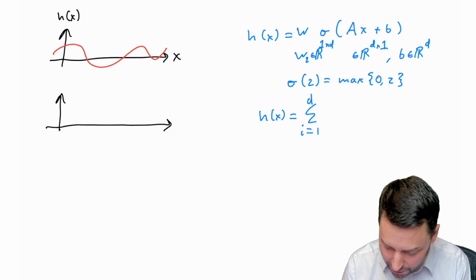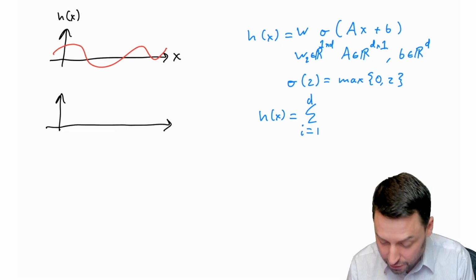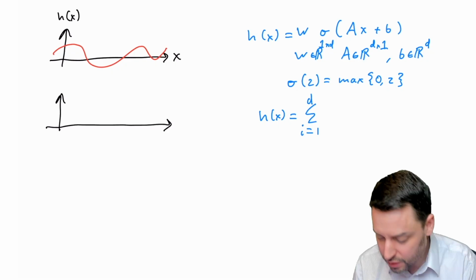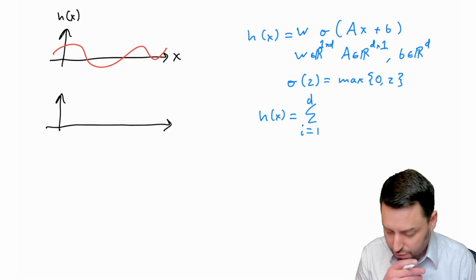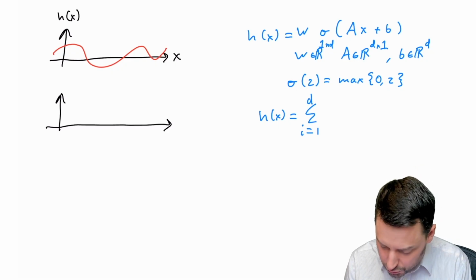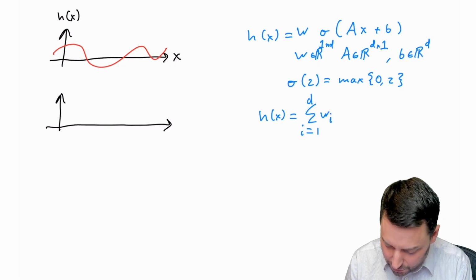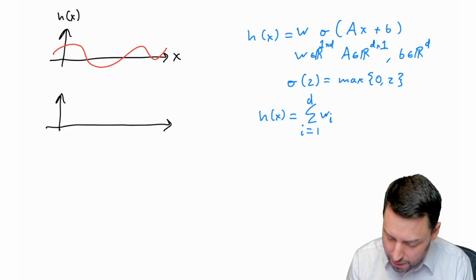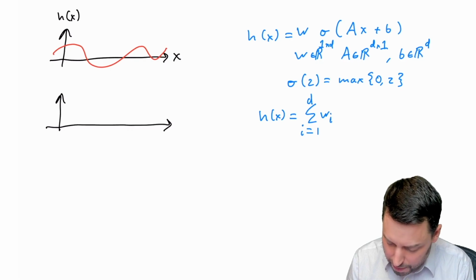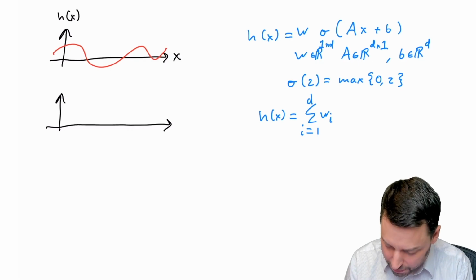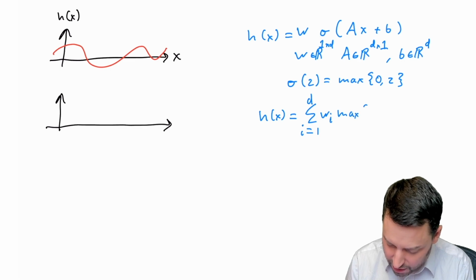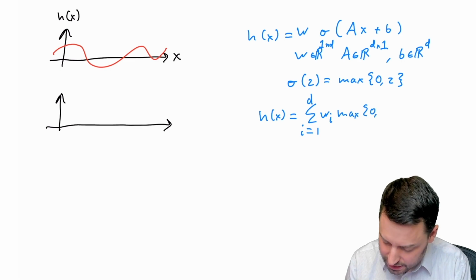So of course here now a is going to be effectively a column vector, and w is going to be a row vector. So this will be equal to w_i, where here i is just the ith component of w, times the max of 0 and this thing. But I'm going to write that as the max of 0 and a_i times x plus b_i.